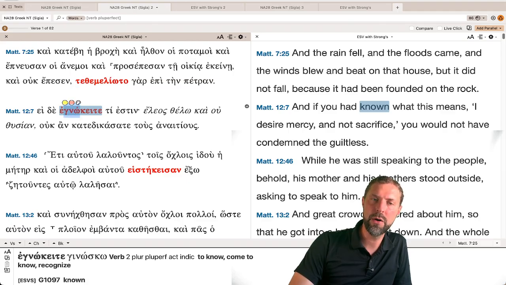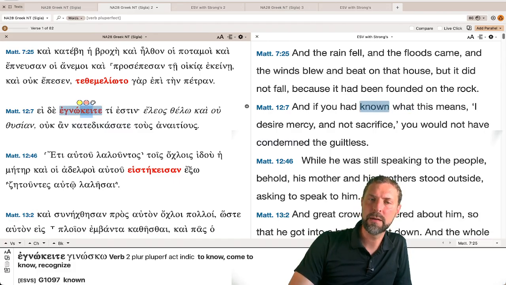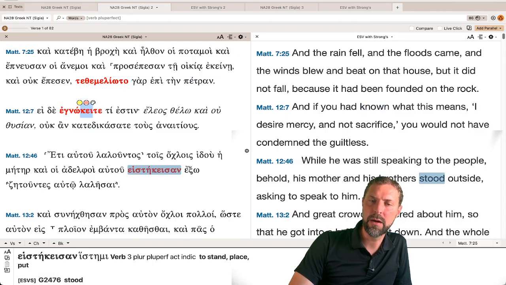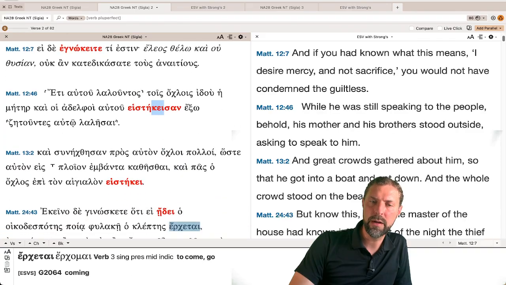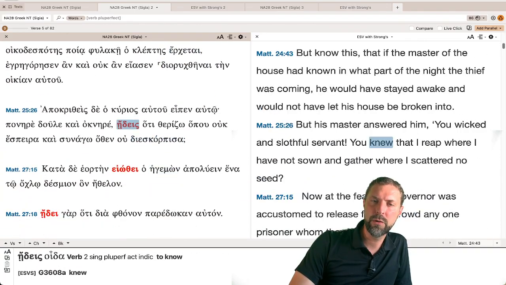I have the nu and the augment on the front of it. It's actually representing reduplication. And this little piece right here is going to be a good pattern for you with the pluperfect: kappa, epsilon, iota. Similarly here, kappa, epsilon, iota. Again here, these forms, the kappa has collapsed into it, and so you're not seeing it.